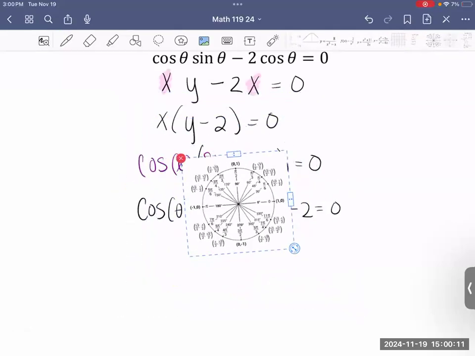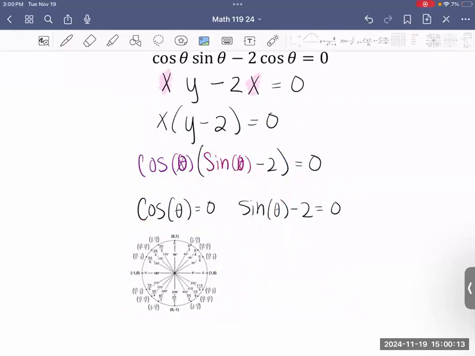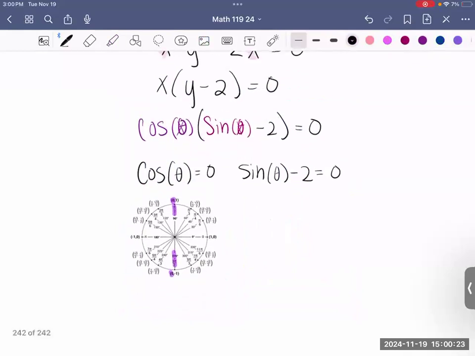On your unit circle, where cosine is equal to 0, that's all the way right here at pi over 2, and again at 3 pi over 2. So theta is equal to pi over 2, and again at 3 pi over 2.